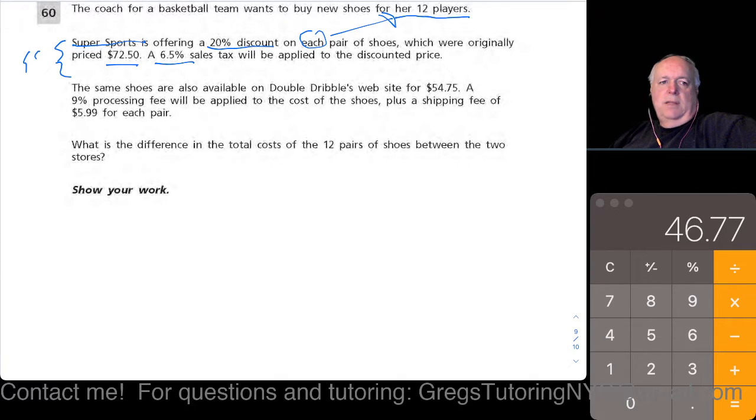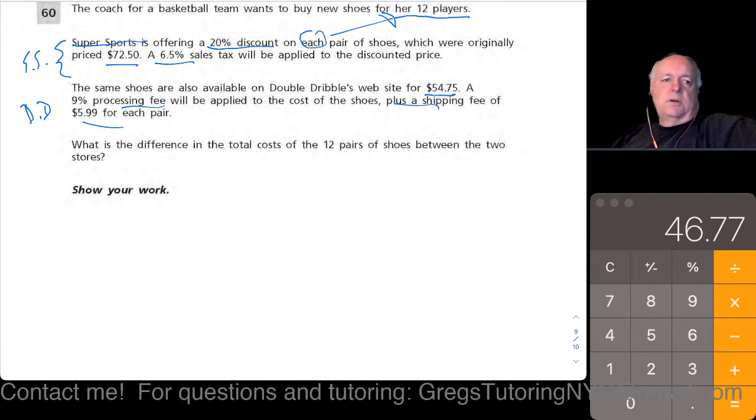The next part, the same shoes are available from Double Dribbles. So this is Double Dribbles. Website for $54.75. A 9% processing fee will be added, plus a shipping fee per each pair. So there's things like that we need to end up considering.